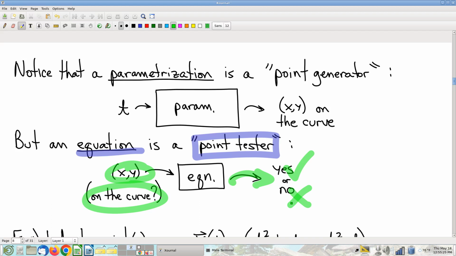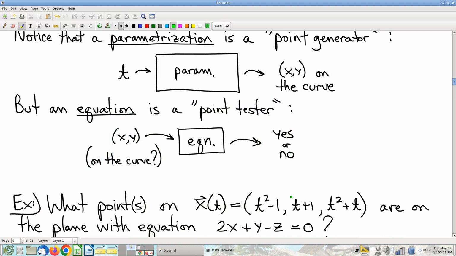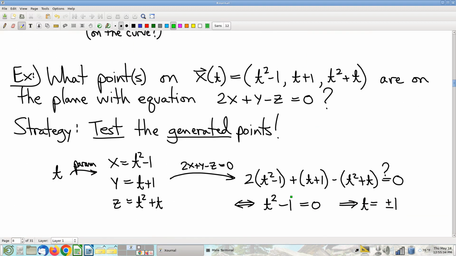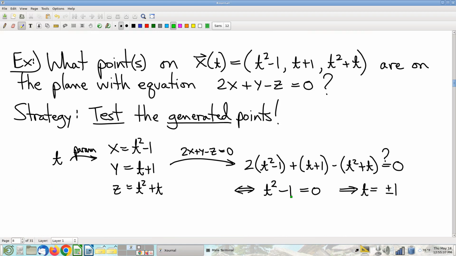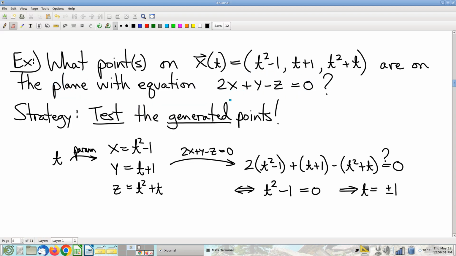Okay. With that idea in mind, and I think it's important to see this distinction, this gives me a strategy for how to answer this question. Here is a three-dimensional parametric curve, x, y, and z, functions of t. I want to know where it intersects this plane described by this equation. How would I find that intersection? The big plan is to take the points that I'm generating.